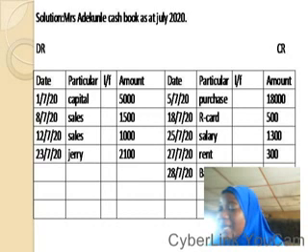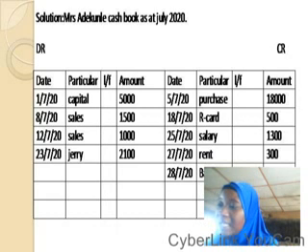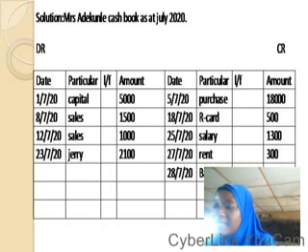Now to balance our account. When you want to balance any account you are preparing, you total the figures at the debit side, then total the figures at the credit side. The one that supersedes the other, you deduct one from the other, then you take your balance to the lesser side. This is what we did here. When you calculate the amount at the debit side, you can see it is 9,600 naira.